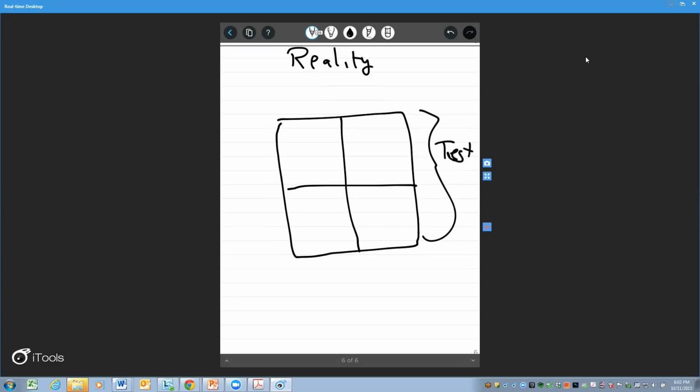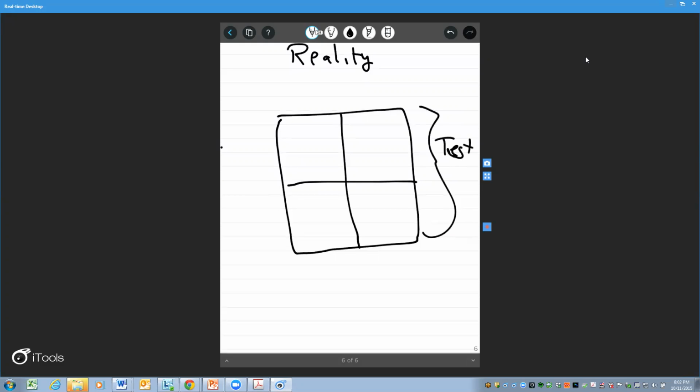Okay. In reality, we're going to have the null hypothesis is true, or the alternative is true. When we test it, we will either reject the null hypothesis, or we will fail to reject the null hypothesis.